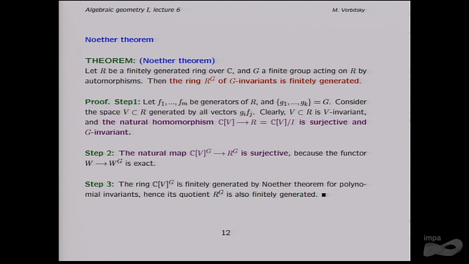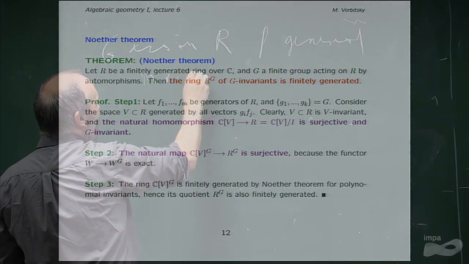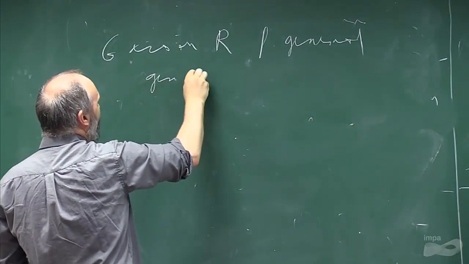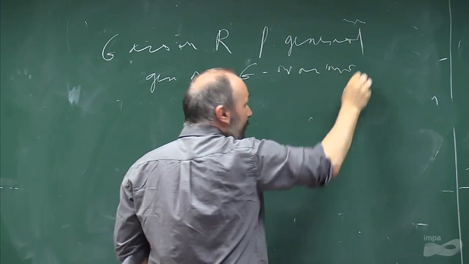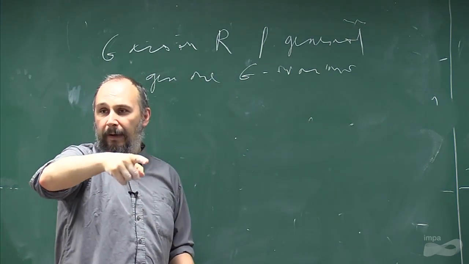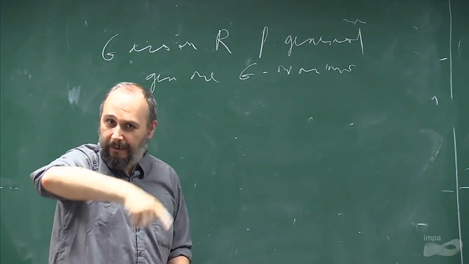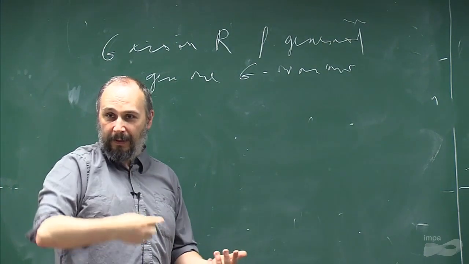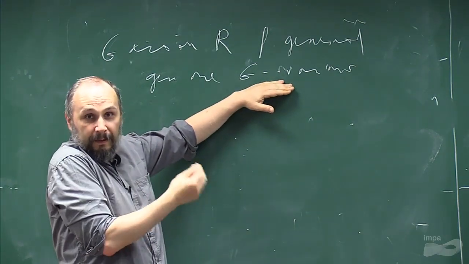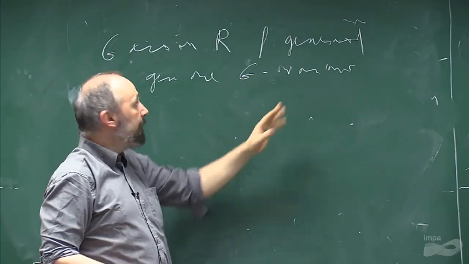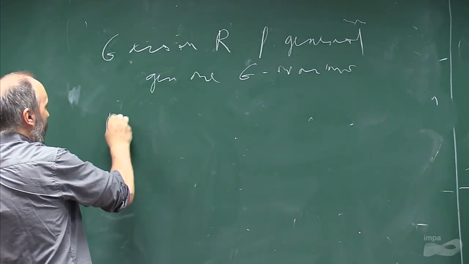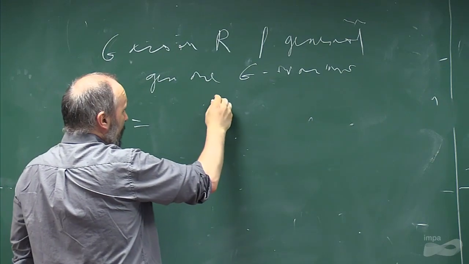So we just take a finite dimensional subspace by acting with G. We suppose that the generators are G-invariant. If they are not, we just take all vectors in the generators and add their G orbits. We obtain a finite set of vectors which generate and is G-invariant. Good. So then R is a quotient of the polynomial ring.